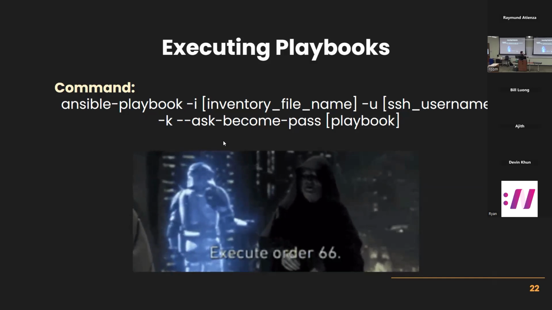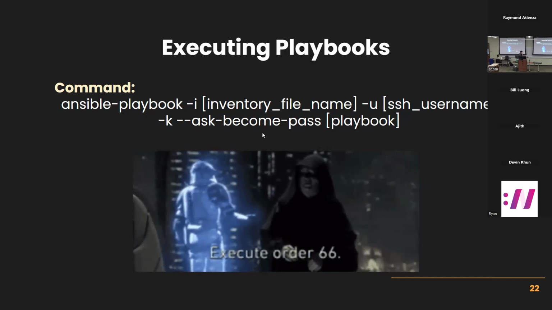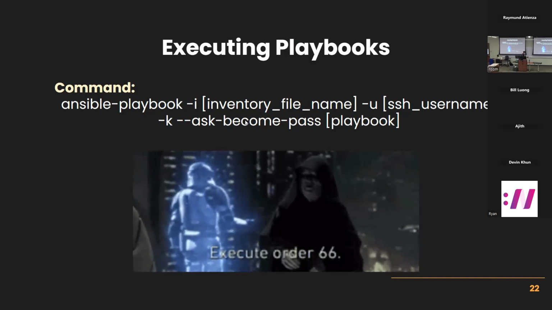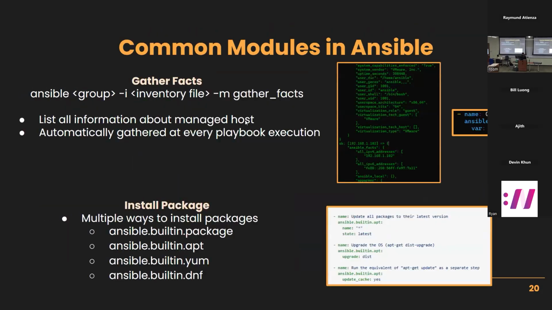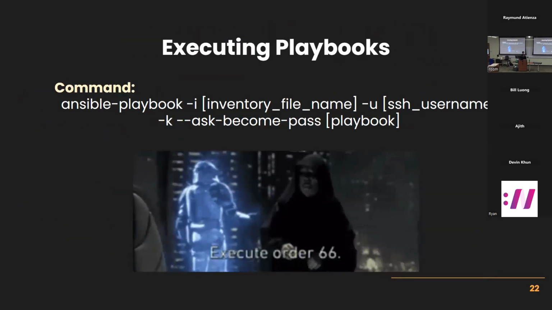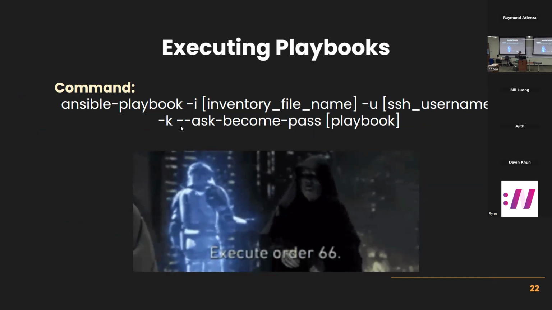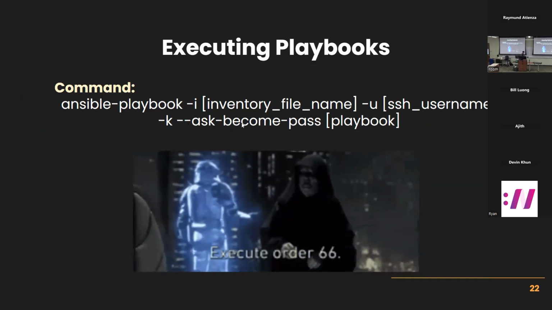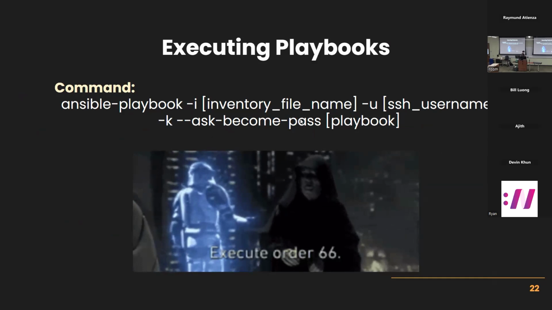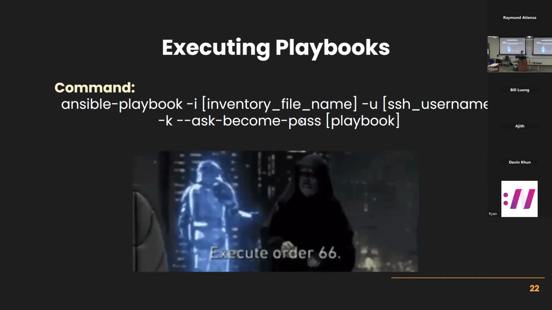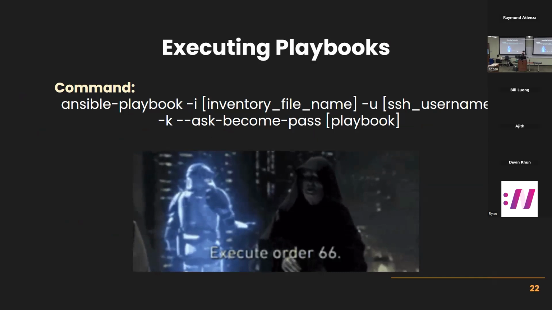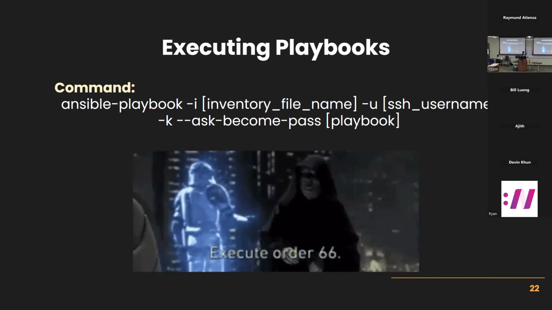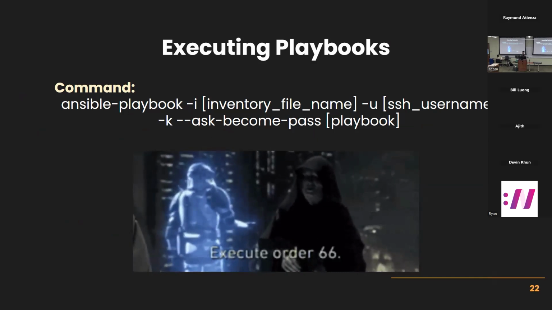And then this last flag right here, I didn't talk about it, but if you notice on some of these, let me see. Okay, never mind, none of them have it. This last flag, ask-become-pass, asks for the password when you sudo.